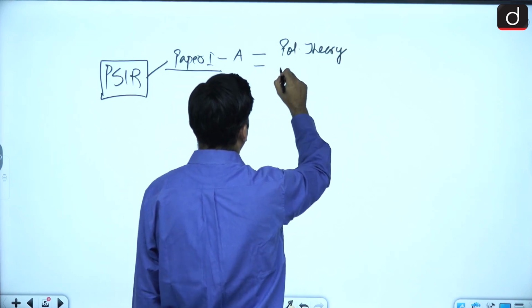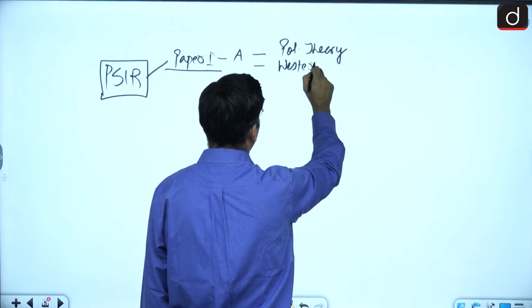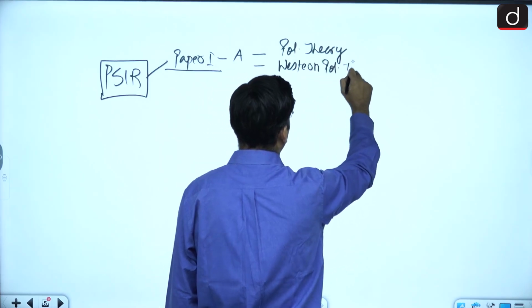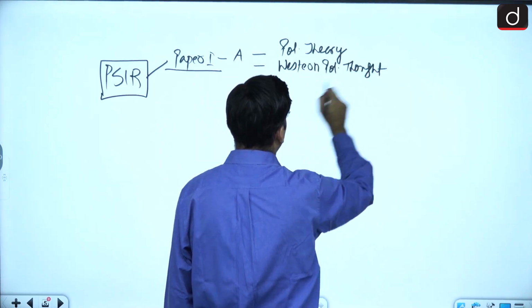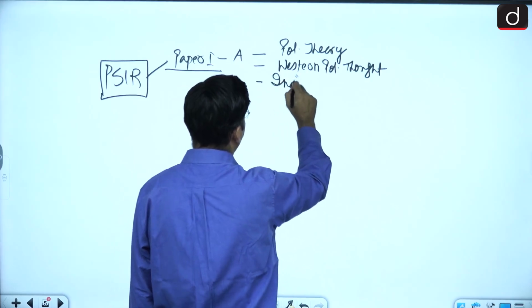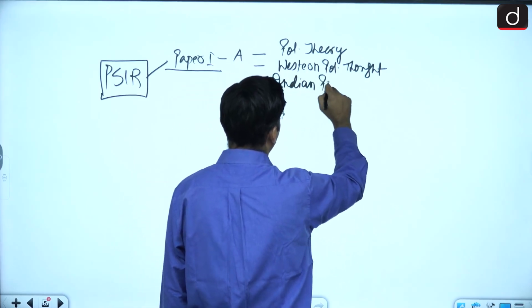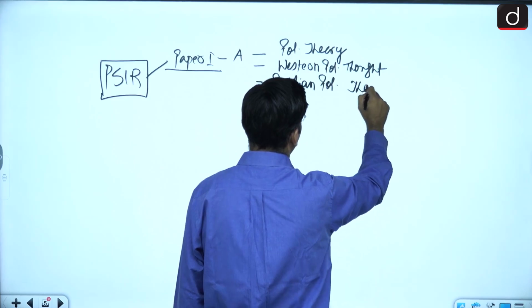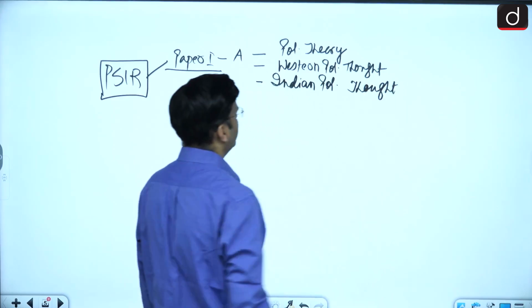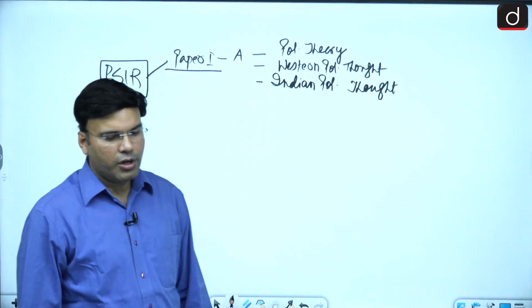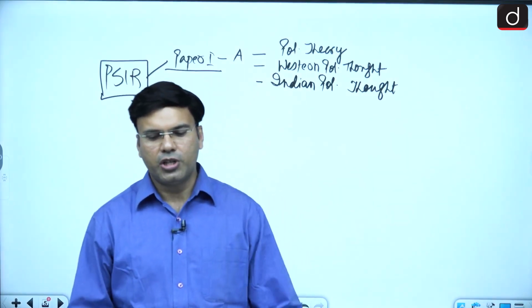Part A will have Western political thought. Part A will have Indian political thought. Okay, so what is my primary area of study over here?